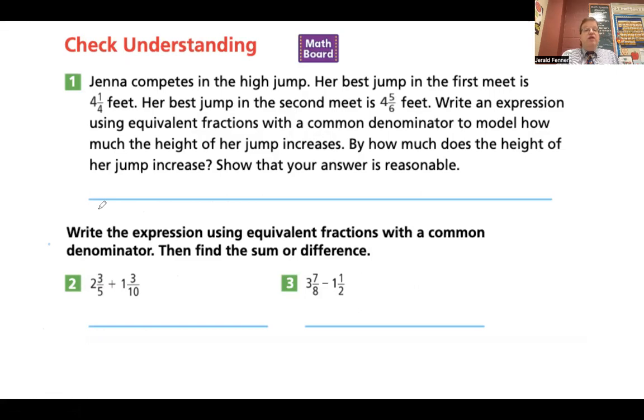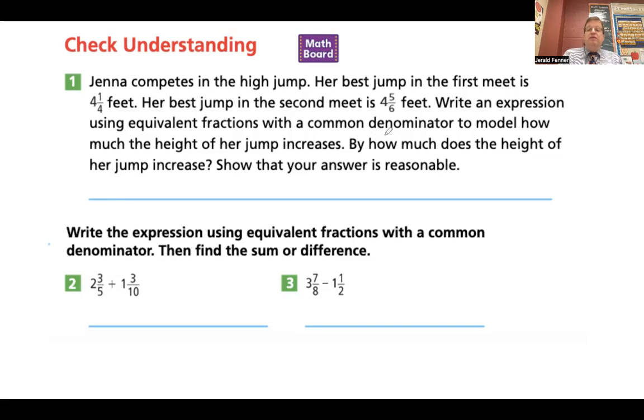Write an expression using equivalent fractions with a common denominator to model how much the height of her jump increased. By how much does the height of her jump increase? Show your answer is reasonable.